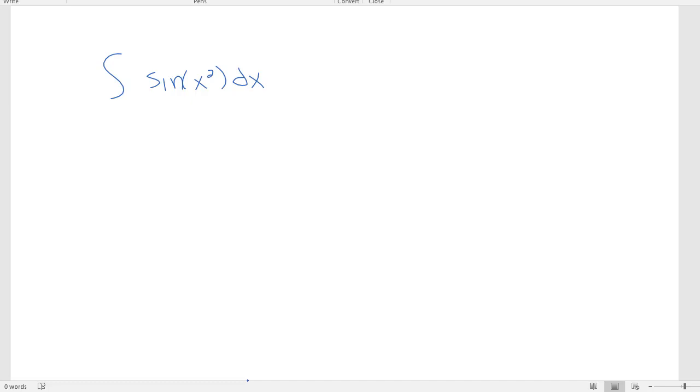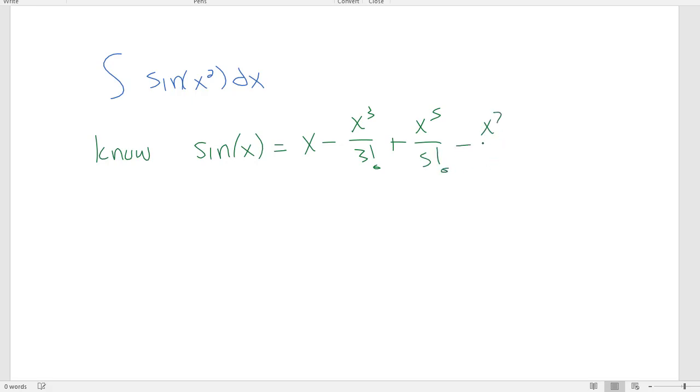So in this section, here's how we're going to discuss that. We know that sine of x has a power series of x minus x cubed over 3 factorial plus x to the 5th over 5 factorial, minus x to the 7th over 7 factorial, plus dot, dot, dot. So here's the expanded version of my power series.